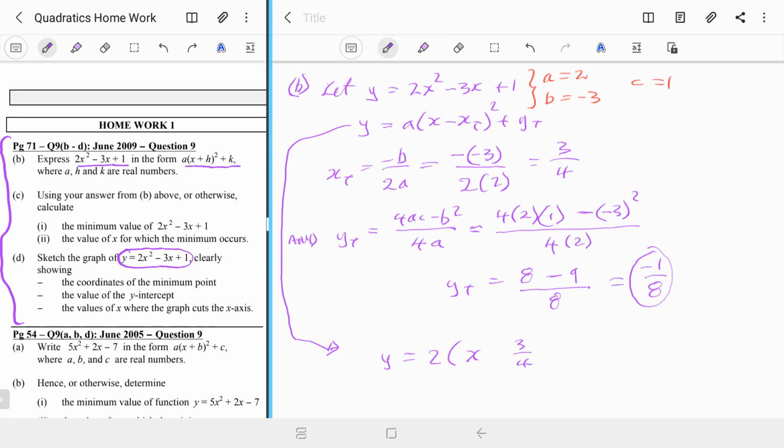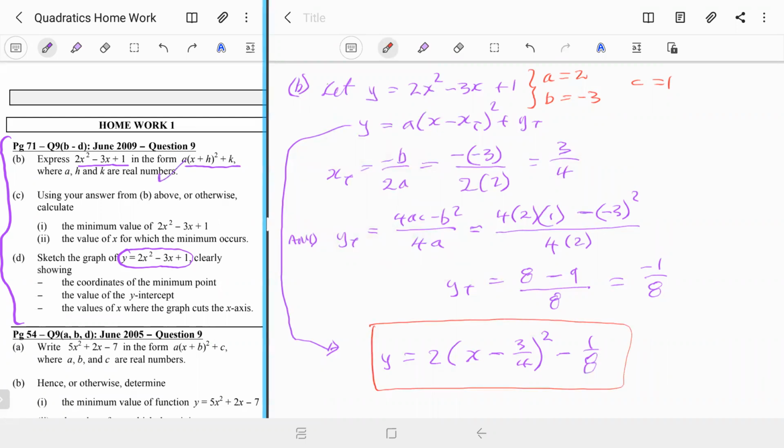Then plus yt, which as I said is minus 1 over 8. So it's minus 1 over 8. And that's the answer for the first part.